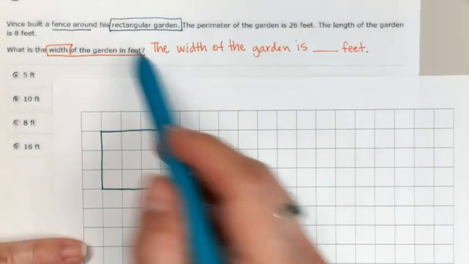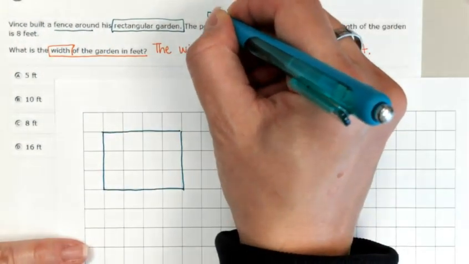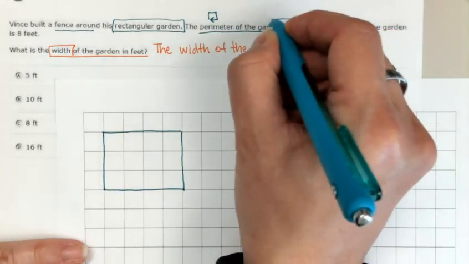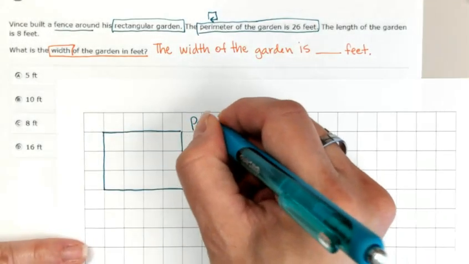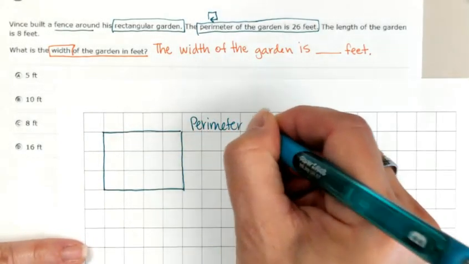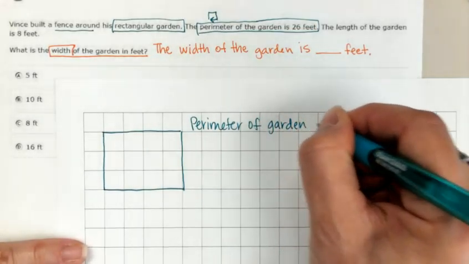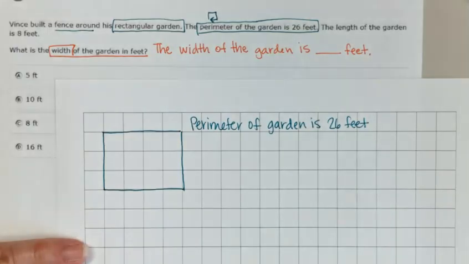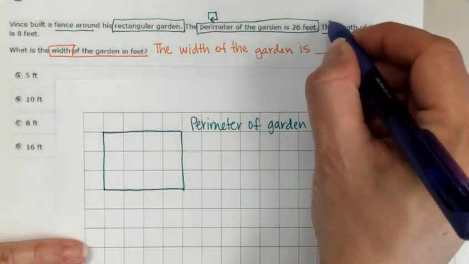But we are talking about the fence around something, and the perimeter is the measurement around a shape. So the perimeter of the garden is 26 feet. So perimeter of garden is 26 feet.